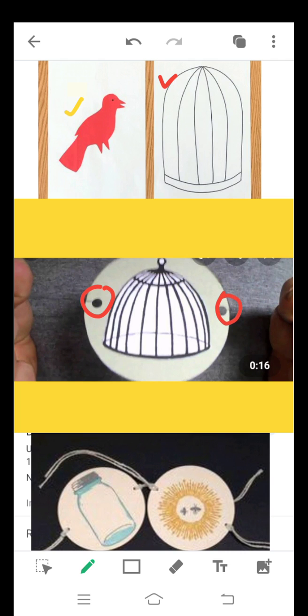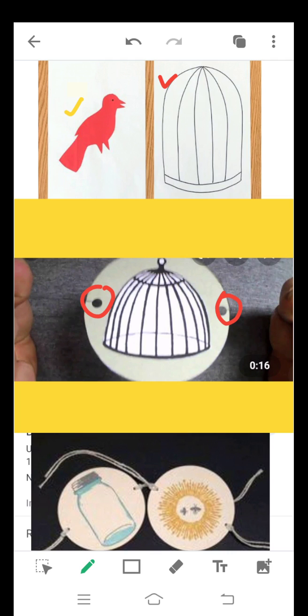And now when you spin this at fast speed, what will happen? When you spin it very quickly, both the pictures will be formed on your retina, and you have to be very quick in this.